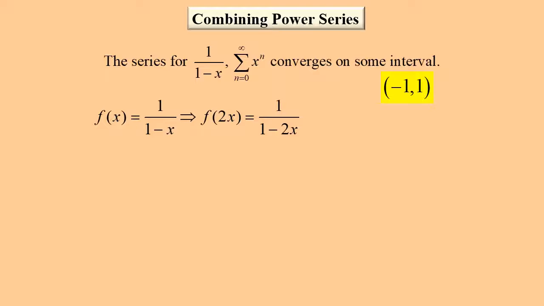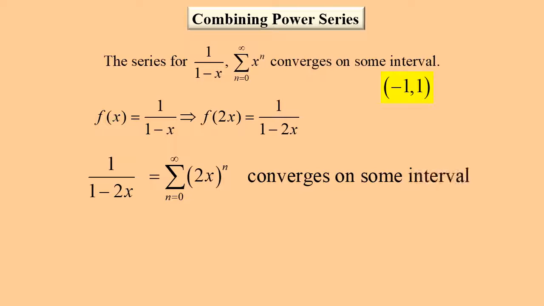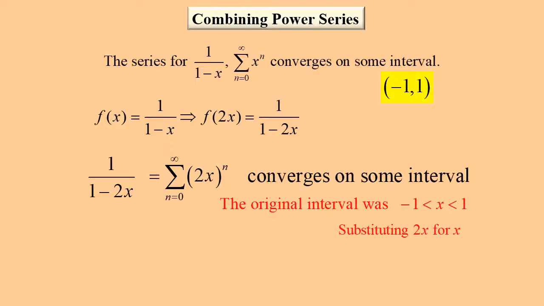Well, the series representation for 1 over 1 minus 2x will be the same as the series representation for 1 over 1 minus x, but with the x replaced with a 2x. And so there's our new series. Now, we can actually determine the interval of convergence here just by doing a little substitution.